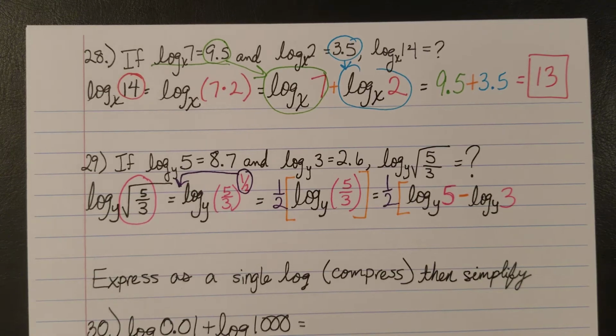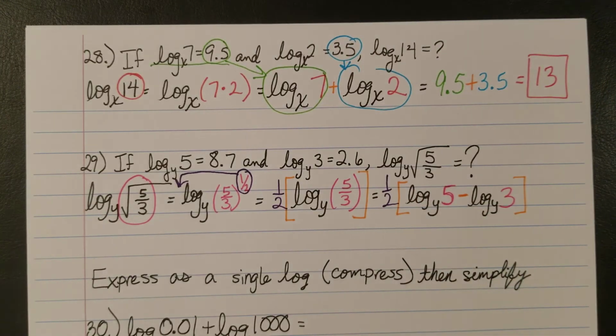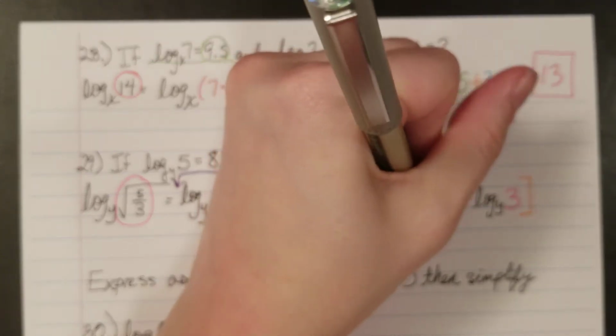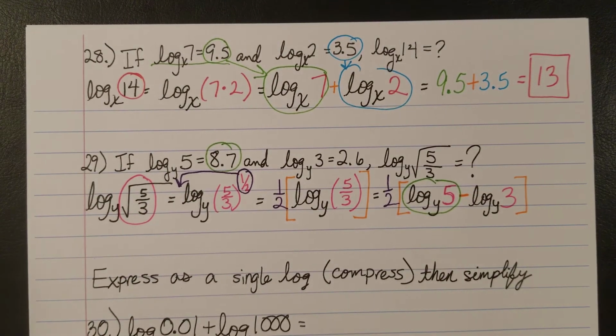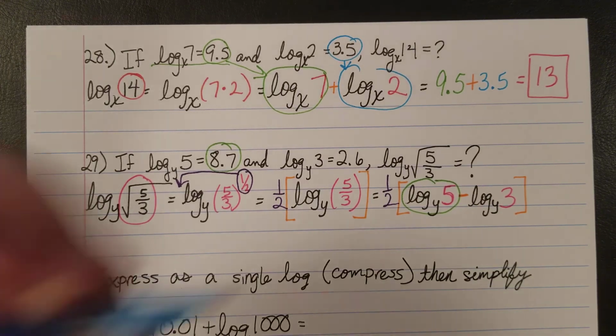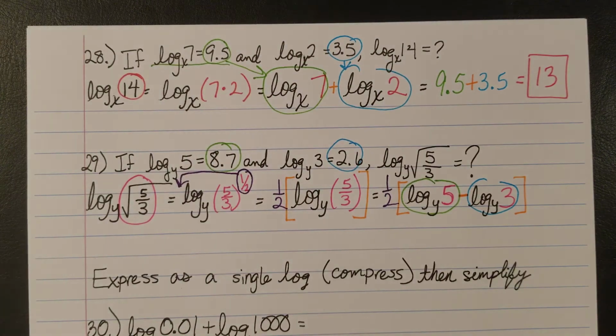Okay, and now we have it broken down into something that we actually have information to evaluate. All right, because we're told that log base y of 5 is equal to 8.7, so we could plug that in. We're also told that log base y of 3 is equal to 2.6, so we can plug that in.